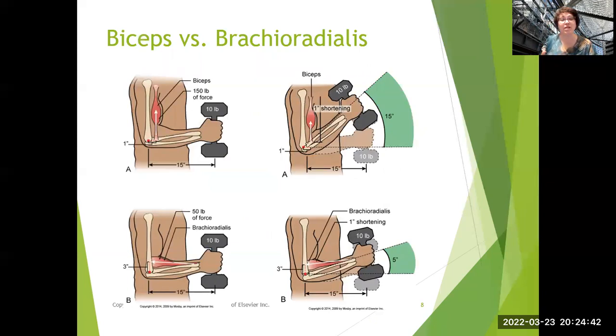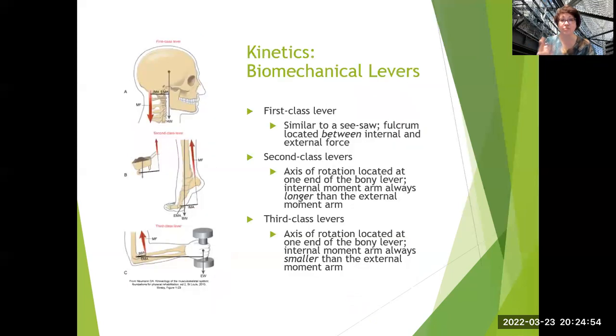This is an example of two different elbow flexor muscles that have two different lever relationships. I said that second class levers are preferential for force, and third class levers are preferential for motion. For creating more motion, many of the levers in our body are third class levers because our bodies were made to move.